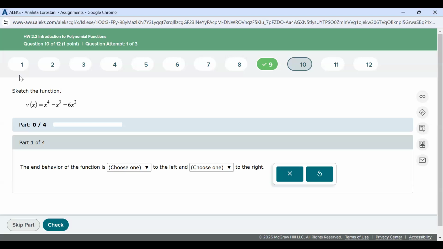So because it's a degree of 4, that is positive. The end behavior of the function is up to the left and up to the right. It starts from the top and ends on the top.